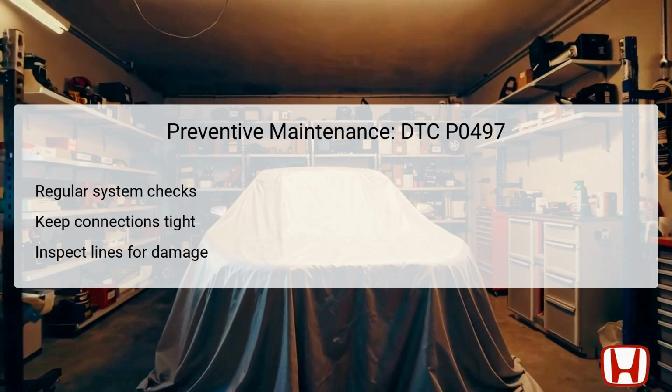Preventive maintenance plays a crucial role in avoiding complications like DTC P0497 in the future. Regular system checks should be a part of vehicle maintenance regimens, ensuring all components function optimally. Aim to keep all electrical connections tight, as loose connections are a common cause of errors.